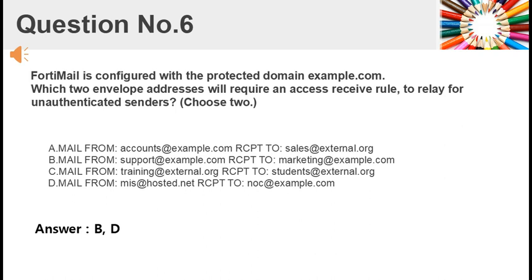B. Mail from support at example.com RCPT to marketing at example.com. C. Mail from training at external.org RCPT to students at external.org. D. Mail from ms at hosted.net RCPT to NOC at example.com. Answer: B, D.